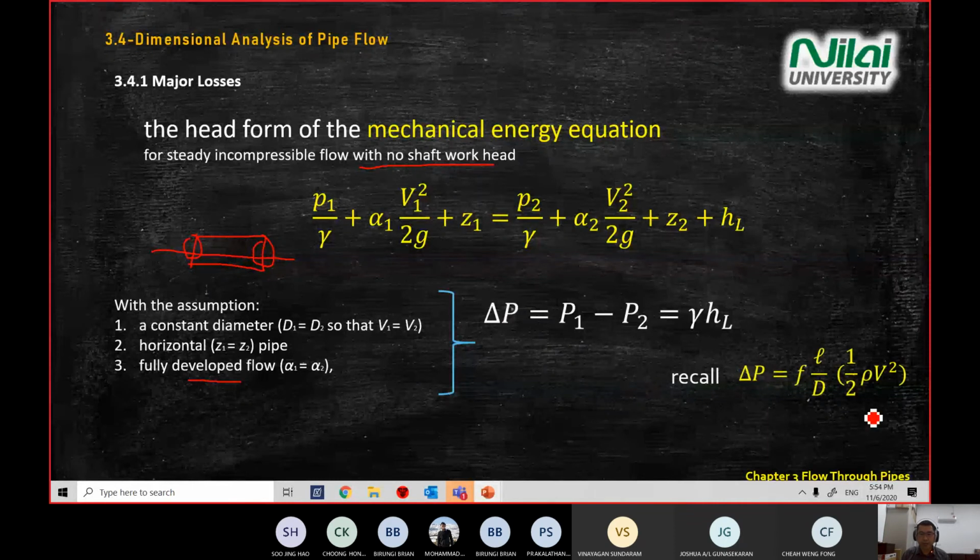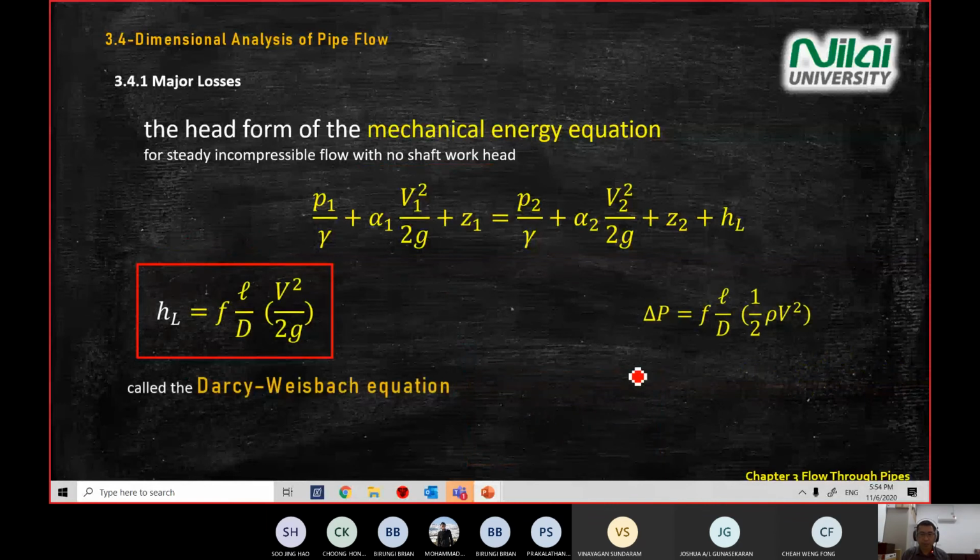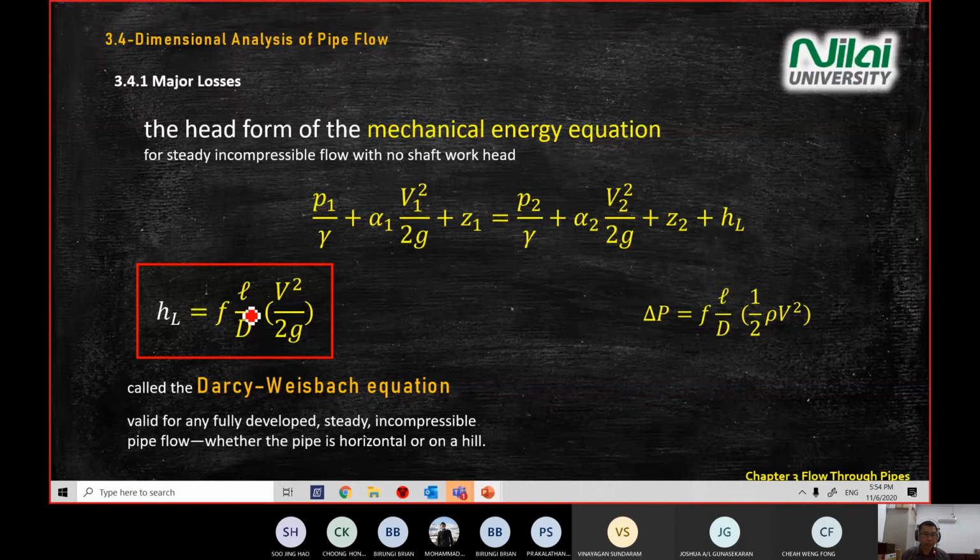And recall what the equation is. So this is the answer for question 34. HL equals F, where F is the friction factor, times L over D times V squared over 2g.